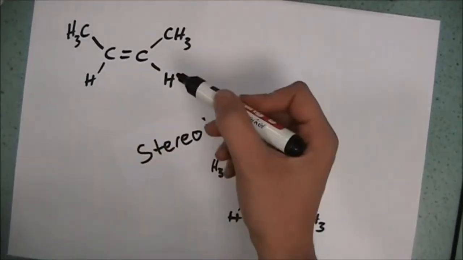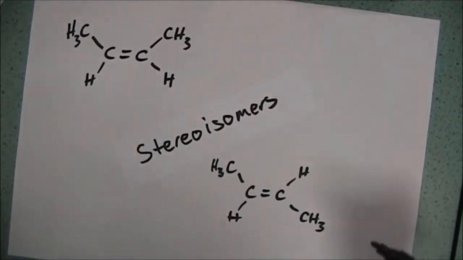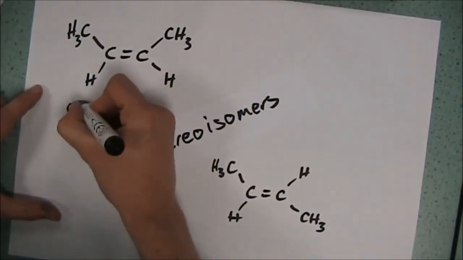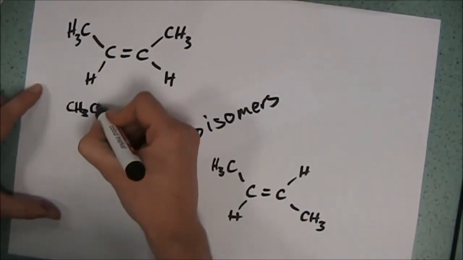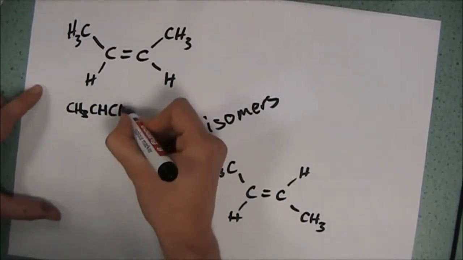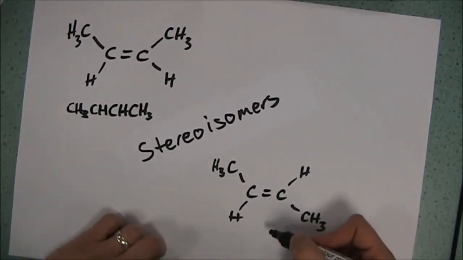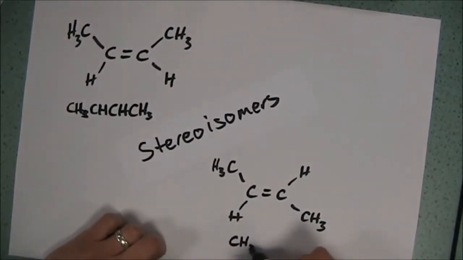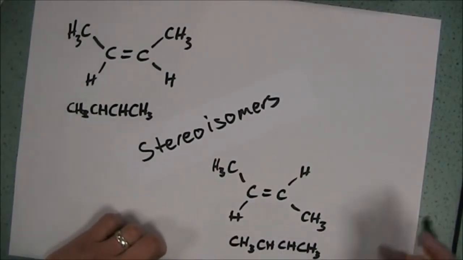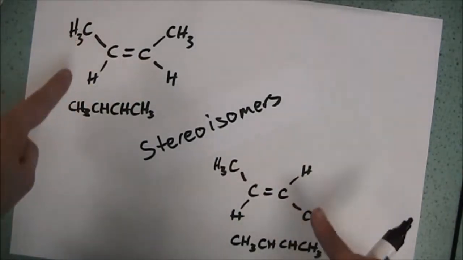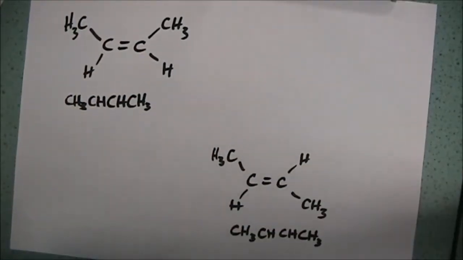So we can see that the arrangement in space here and here is different, but the structural formula, if I was to write it here, would be CH3, CH, CH, CH3, and the structural formula of this one would be CH3, CH, CH, CH3. So there's no difference in these two formulae, but there is a difference in the arrangement in space. So we need a way to separate these out when we're naming them.